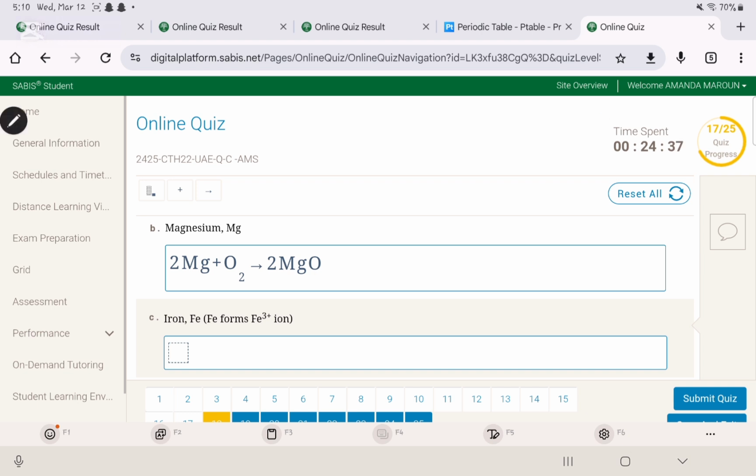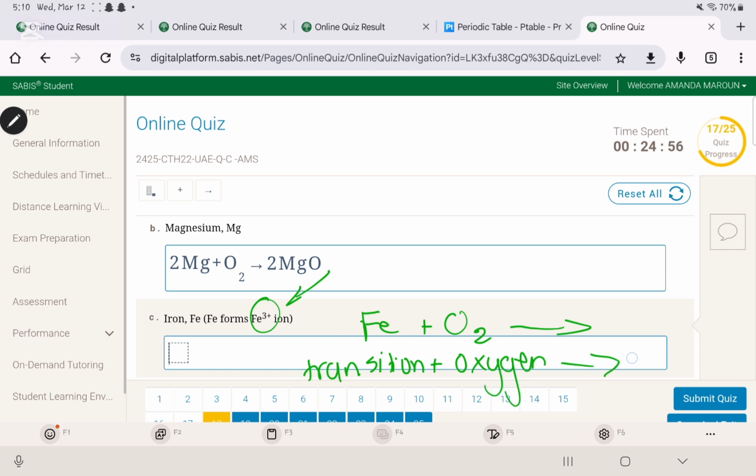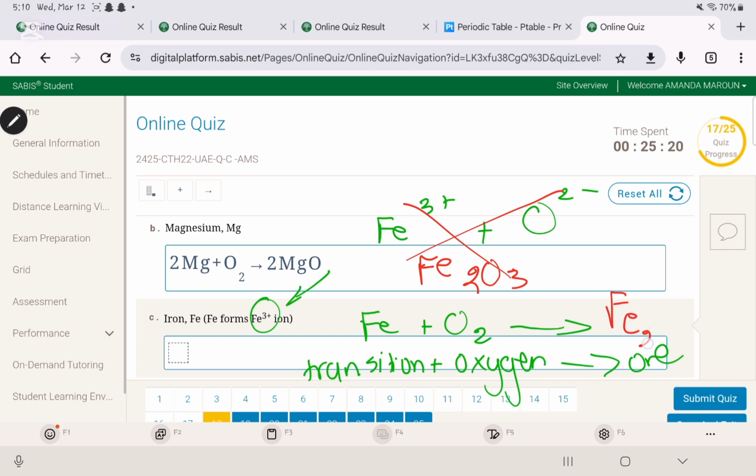We go to the last one, which is iron. Iron, Fe, forms the Fe3+ ion. So keep this in mind, it's Fe3+. They told us that iron, Fe, will react with oxygen to form what? Iron is a transition metal. It will react with oxygen to form an ore, or an iron oxide. So very simply, the ions are Fe3+ and O2-. We will do the crisscross method, and we will get Fe2O3.